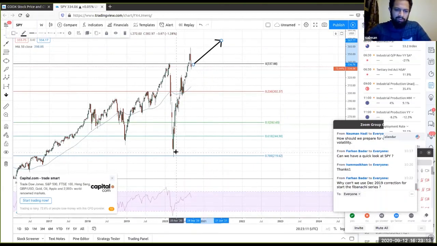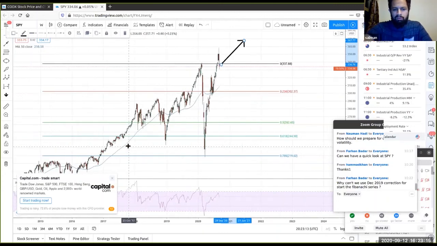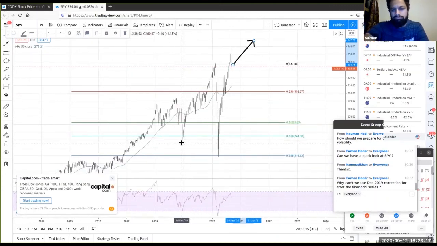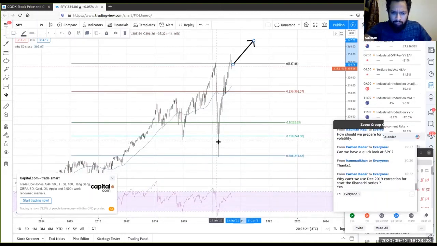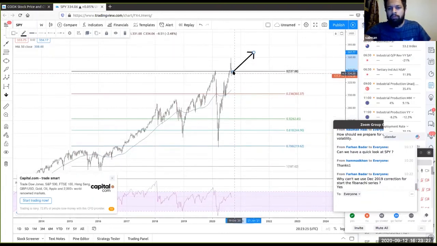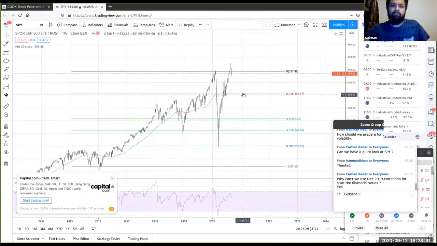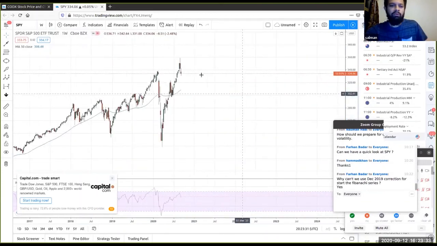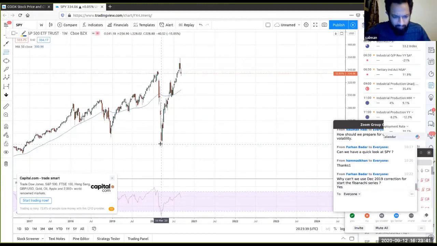December 2019 correction. This one. But then we don't have a top here, because if we plot up from December 2019, we don't have a top. So this is not December.